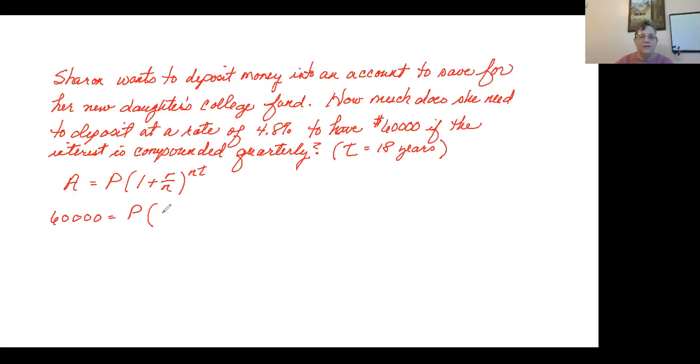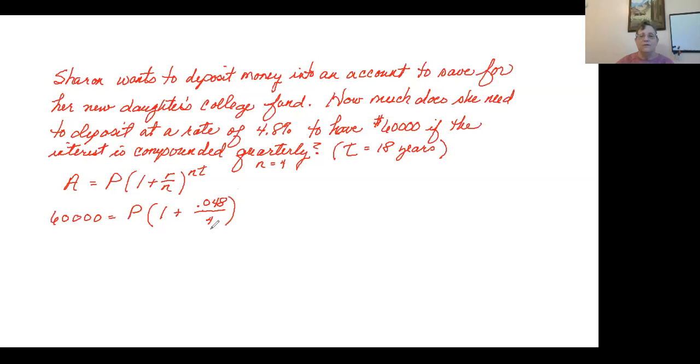We don't know what P is. The interest rate, 4.8%, is going to be 0.048. Make sure you don't put this in as 0.48 because that would be 48%, which would be nice, but it's not going to happen. It's compounded quarterly, so N equals 4.